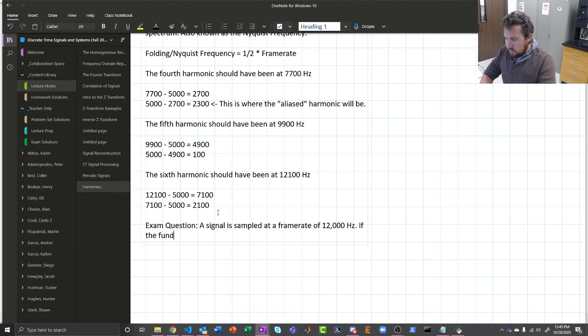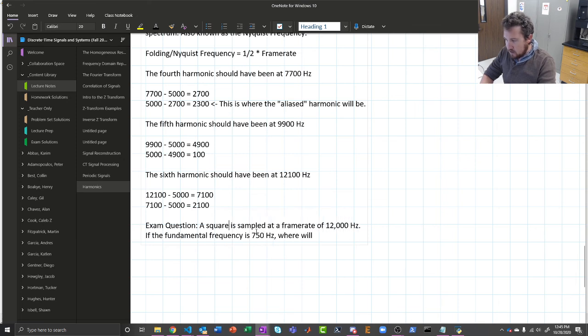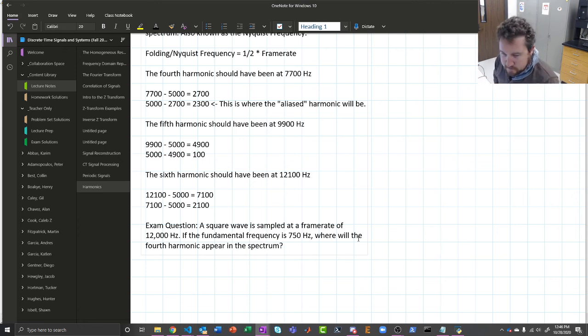If the fundamental frequency is 750 hertz, where will, well, actually we need to know the characteristics, right? So let's say a square wave is sampled at a frame rate of 12,000 hertz. The fundamental frequency is 750 hertz. Where will the fourth harmonic appear in the spectrum?